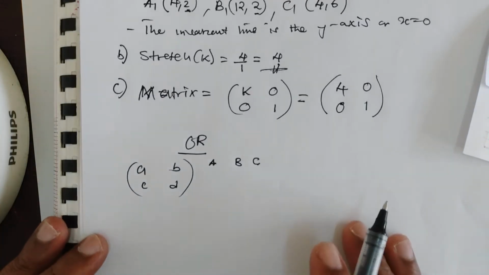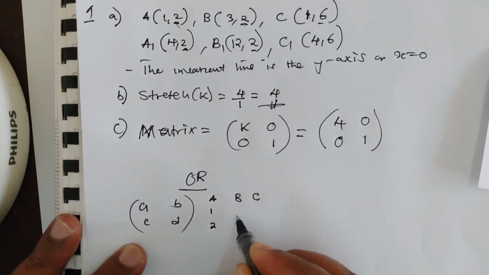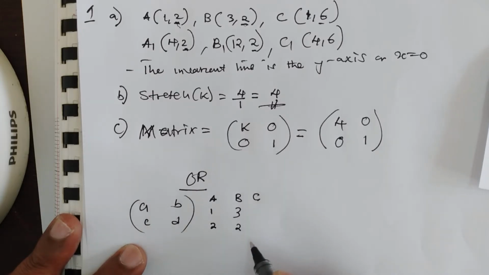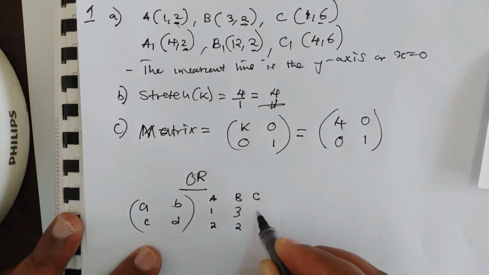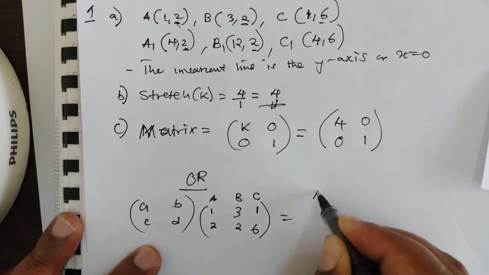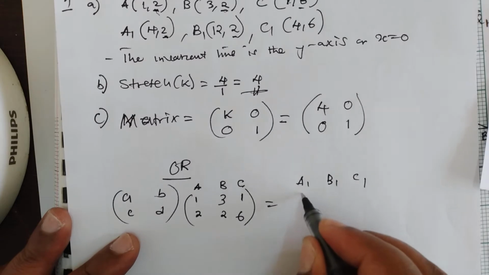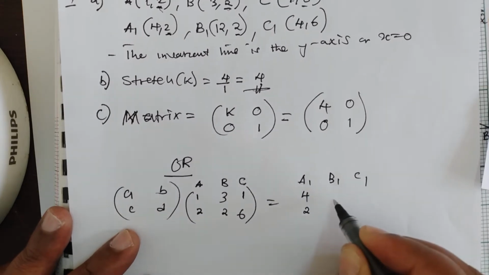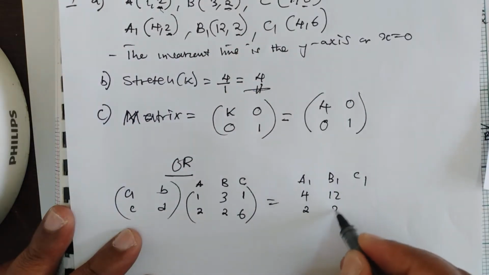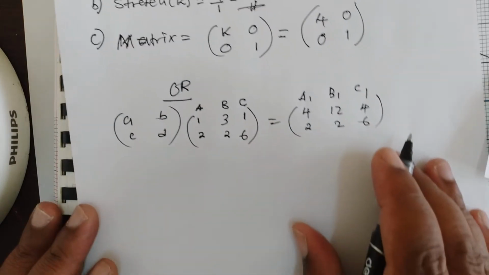What are the coordinates of the object? 1, 2, 1, 2, 3, 2, 1, 6. This is equal to A1, B1, C1. You have got 4, 2, then here you have 12, 2, then you have 4, 6. So this is what we are going to do.